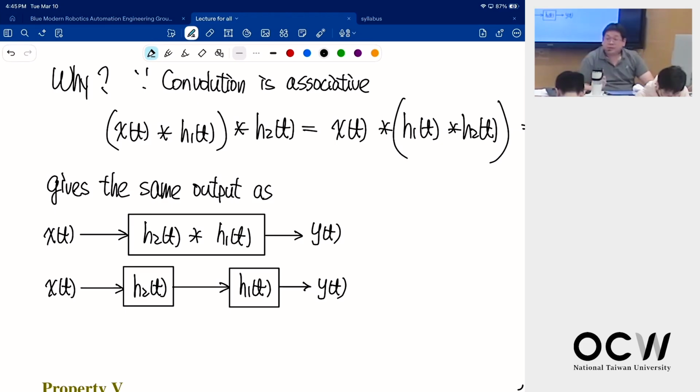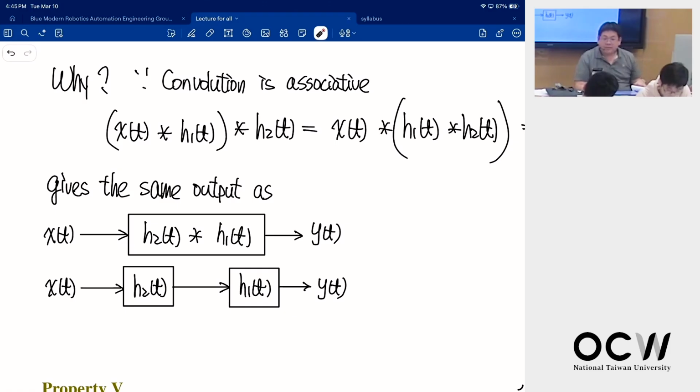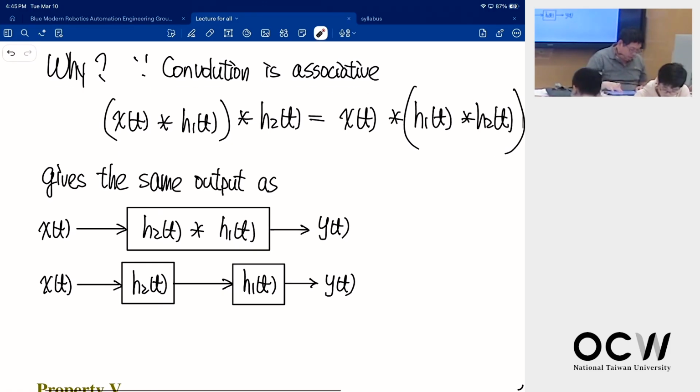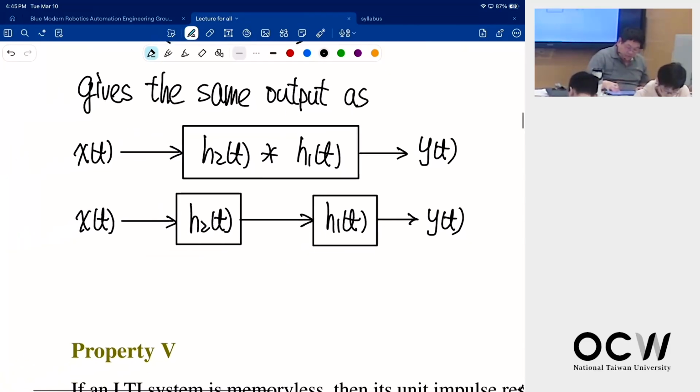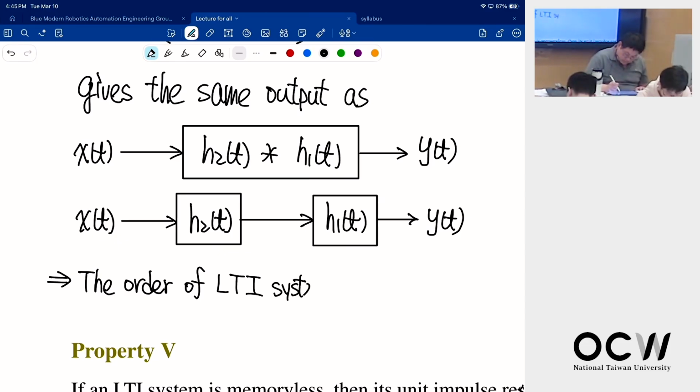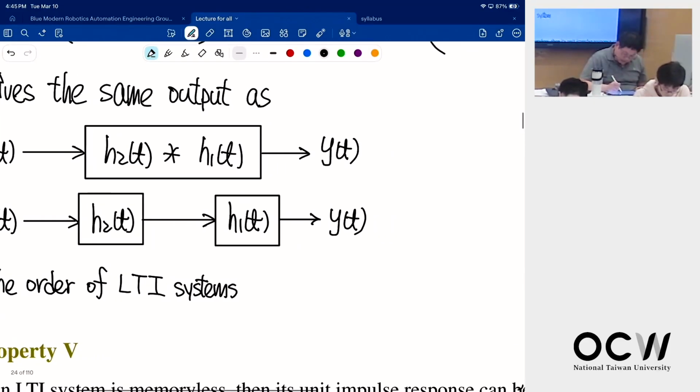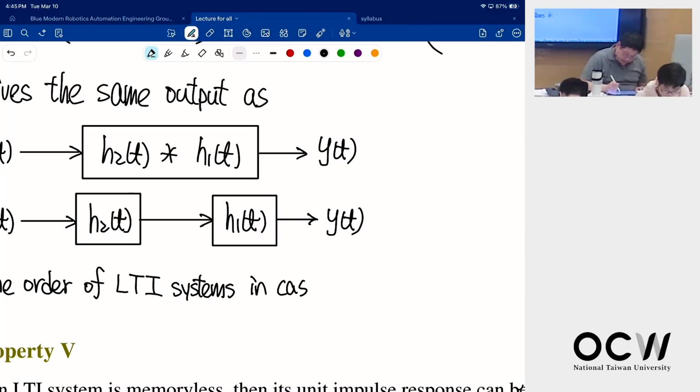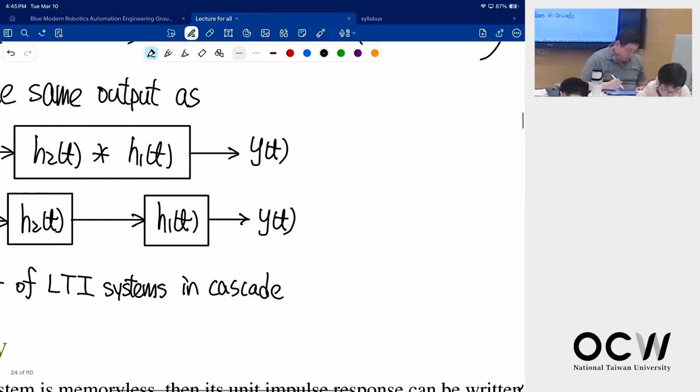Remember last week, if you switch two systems, you get a different result, because first time you have time delay, and then you get the compression, or you do the compression and then you have time delay. They have a different output because that system is not linear time invariant. Okay, so this example tells us that the order of the LTI system, especially in cascade, doesn't matter.